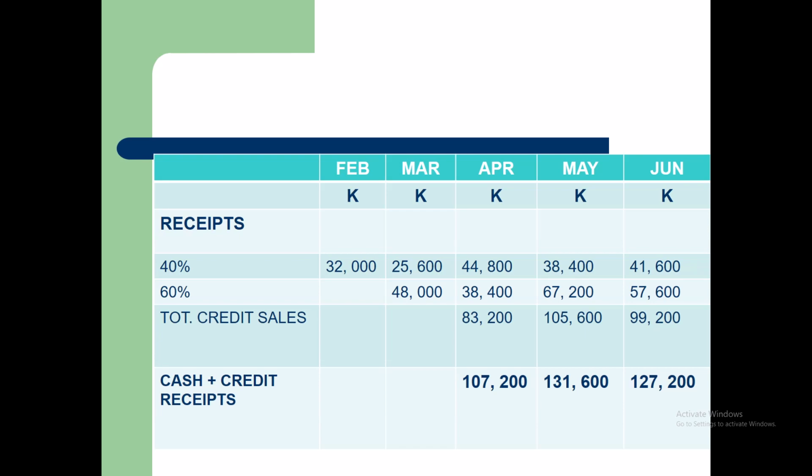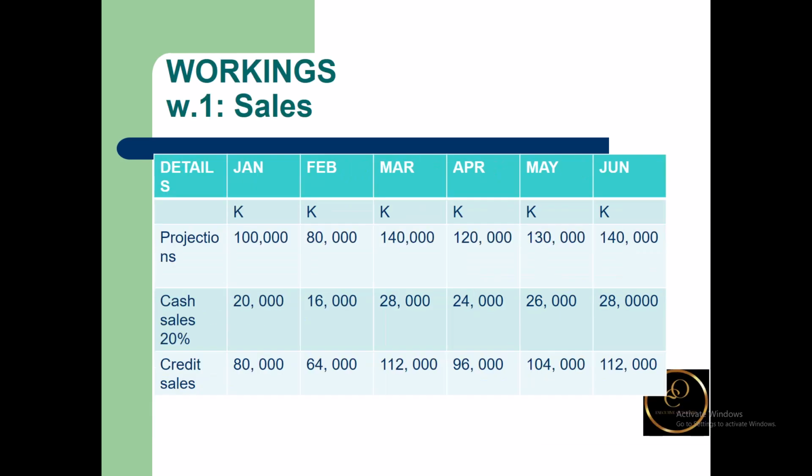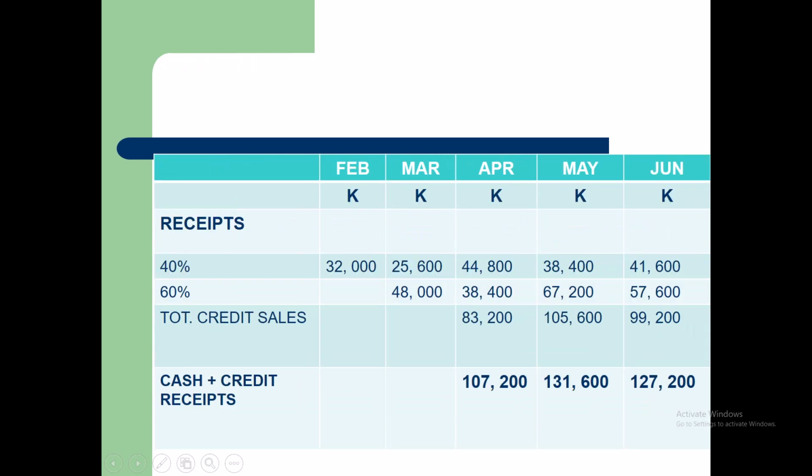So if you look at 100,000, which is the projected sales in January, the 80,000 that remained here, this is how it's going to be received. 40% in the month following January, we are going to get 40% of the 80,000 credit sales, going to be 32,000 kwacha in February. That is the month following January.